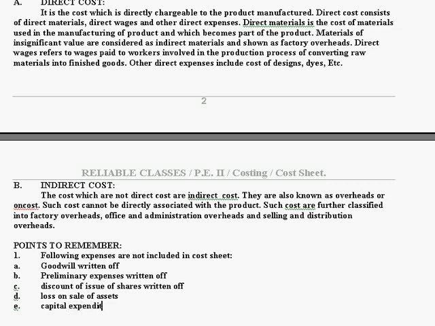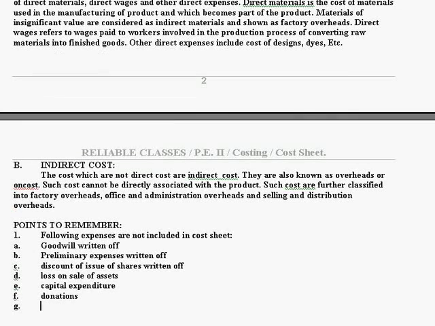Capital expenditure. Donations. Penalties and fines. Provision for tax.